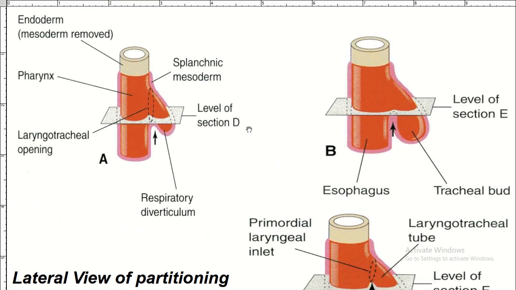Right, so the respiratory system starts to develop from week 4. That's a week after folding, as well as after gastrulation, right?